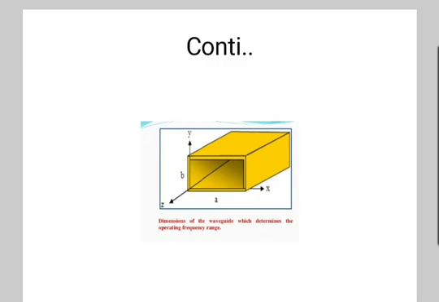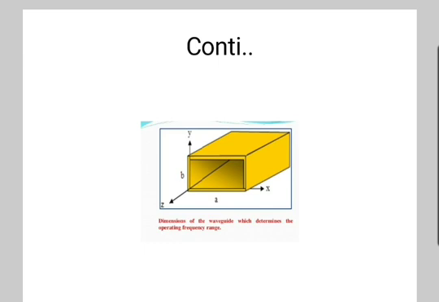The speed of light is equal to the product of lambda 0 and f, and the phase velocity is larger than the speed of light because lambda g is greater than lambda 0.